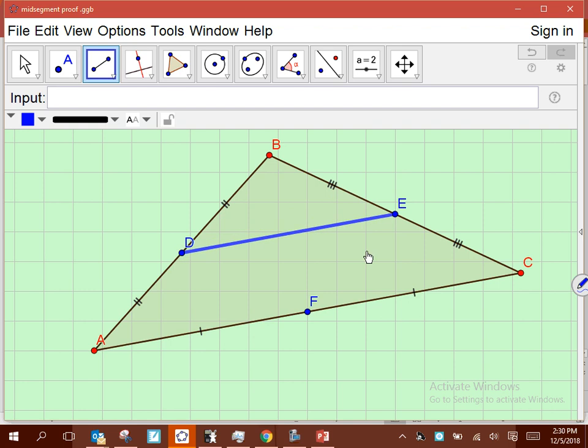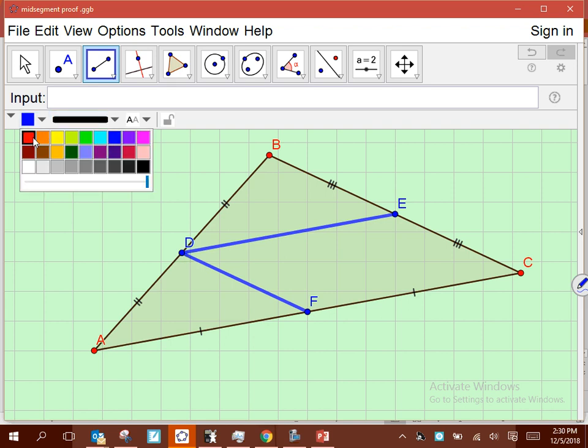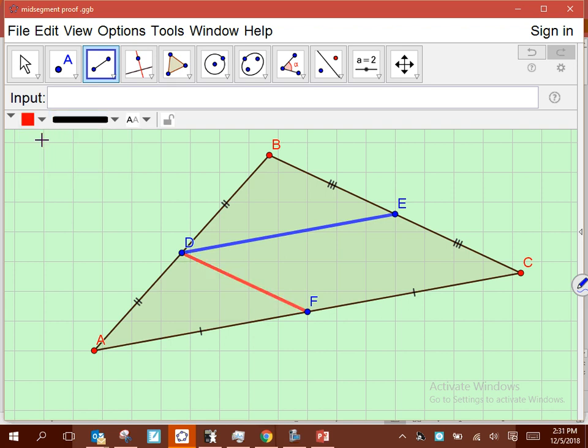Okay. So now, if I take any 2 of those midpoints and connect them, that blue segment is referred to as a mid-segment. Okay? That blue segment is a mid-segment. Now, I said I could take any 2 of those points. Then I could take D and F. That red segment is a mid-segment.